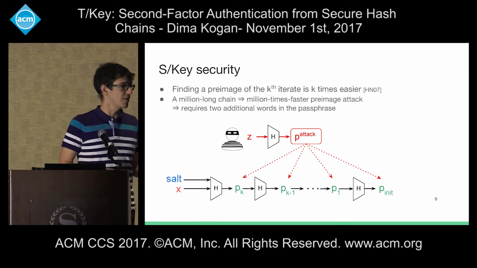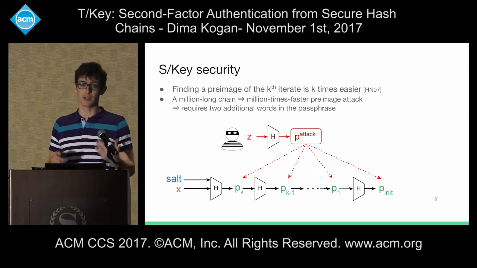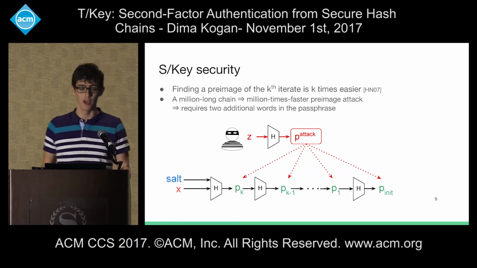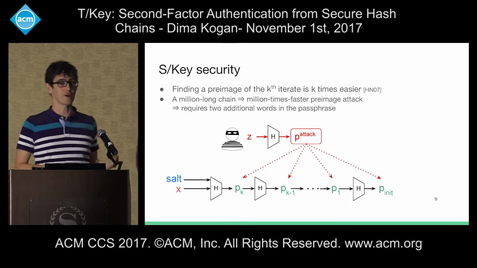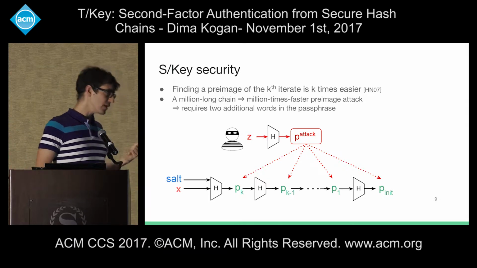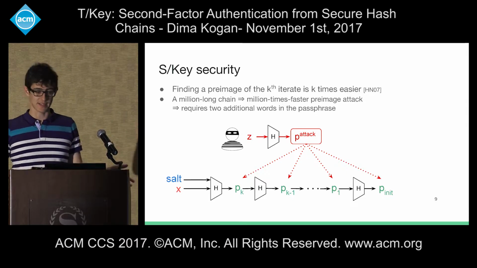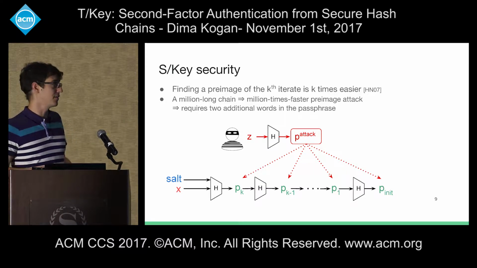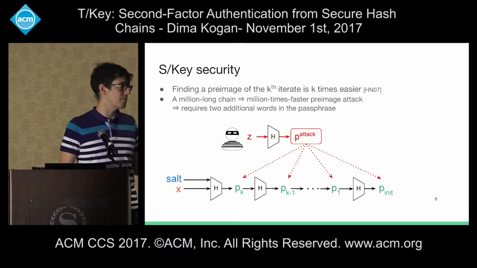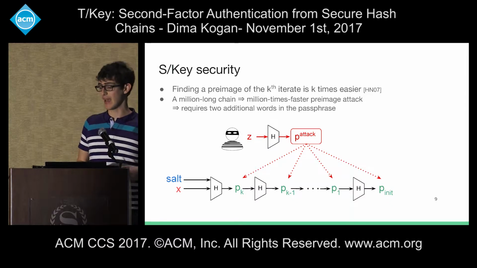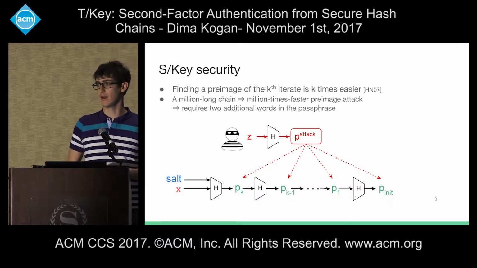And as a result, if we require the same level of security as the individual hash function, we actually need to use longer passwords in order to mitigate this risk. And this directly translates into 2 additional words in the passphrase, let's say for a hash chain of length 1,000,000.